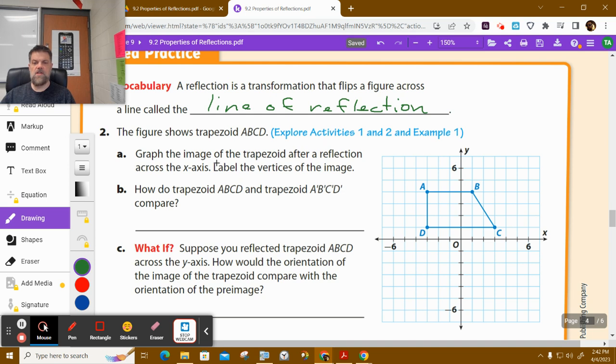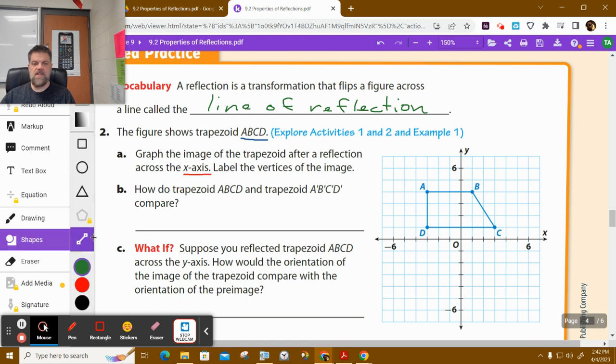It says the figure for the trapezoid ABCD, and then we're supposed to graph an image of that is reflected across the x-axis. So let's figure out what that is. So we're just going to reflect it across the x-axis. So that's our line of reflection.